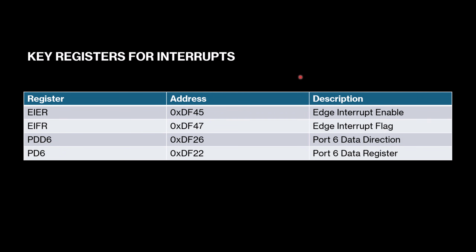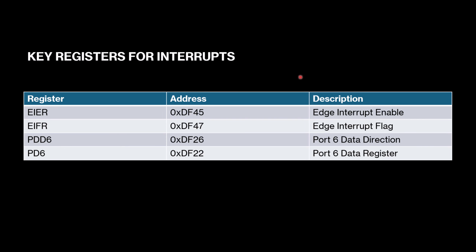So here are some of the registers I'm going to work with. EIER lets me modify my edge interrupt enabling. EIFR will let me check which interrupts have occurred. PDD6 will let me modify the data direction for the pin that's going to pay attention to the edge for the interrupt. And then PD6 is just the data register for the port itself.